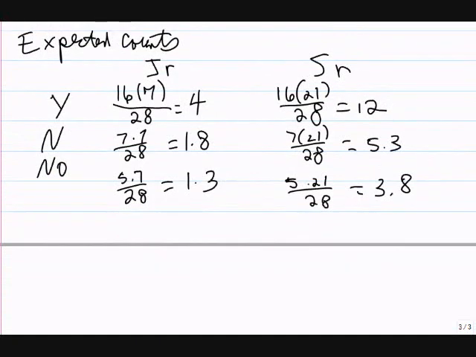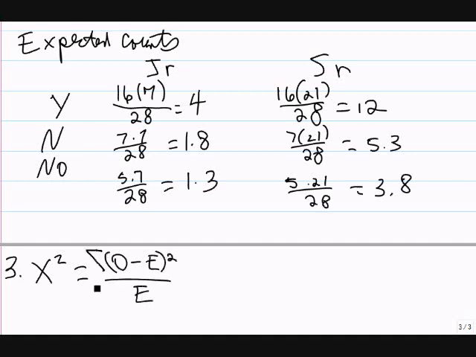All right. So now that I have my expected counts, I go down to get my chi-square statistic, which is going to be observed minus expected squared divided by expected. Sum those up.